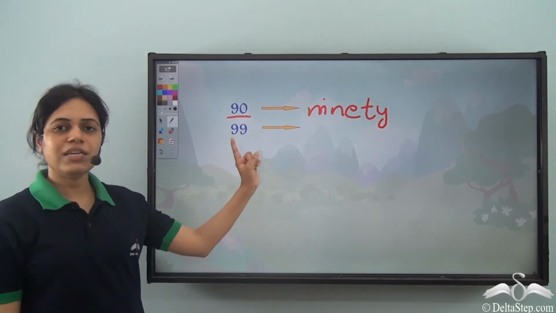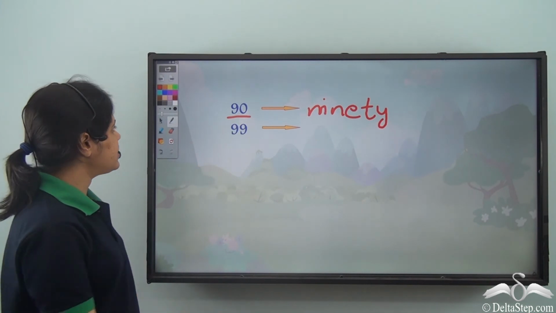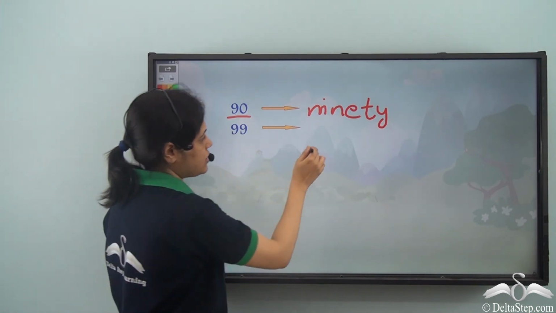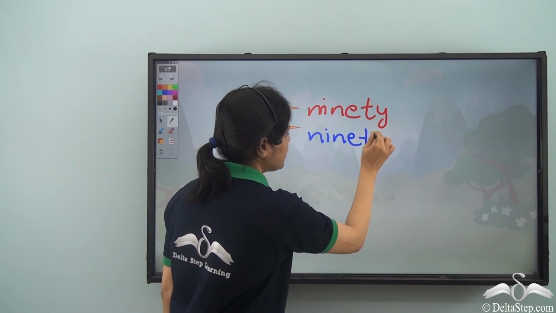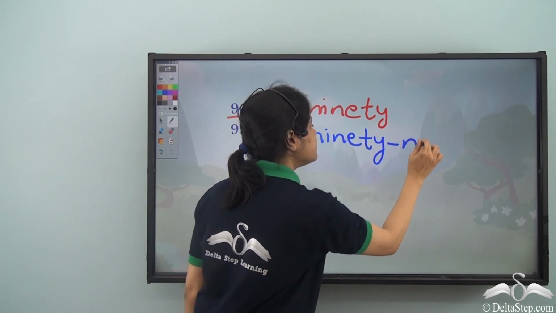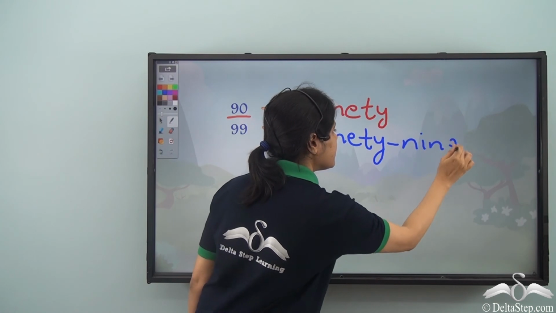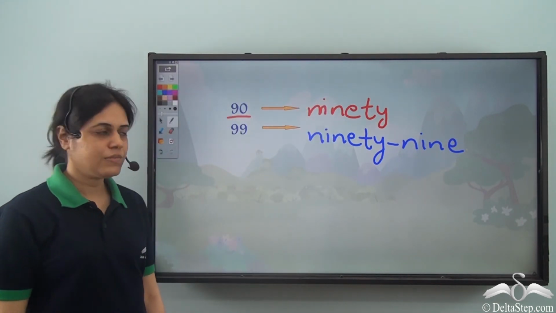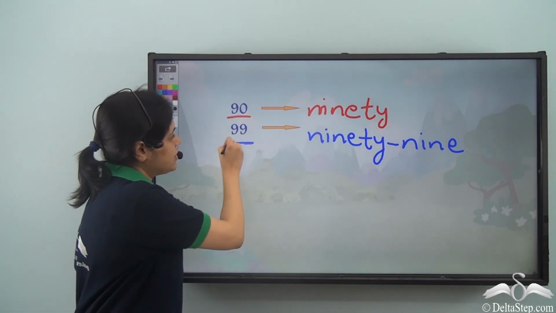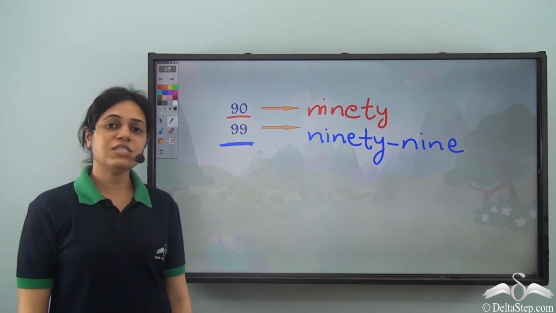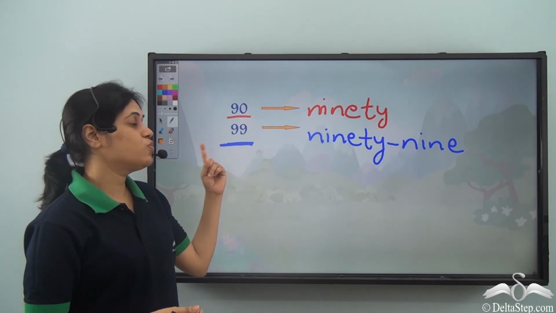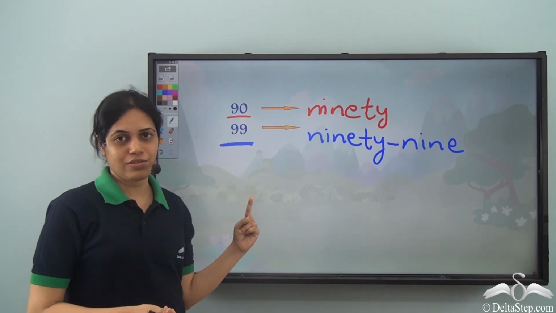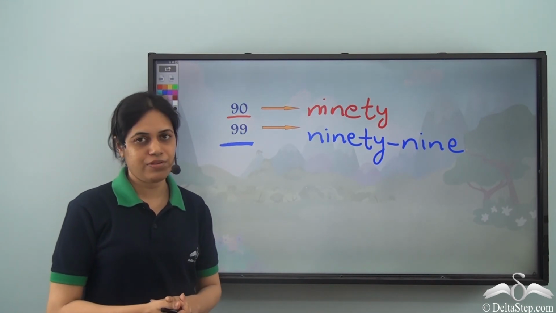So this is NINETY, 90. What about this? This is 99. And what's the special thing about 99? Well, 2 treble lines together means double the treble.